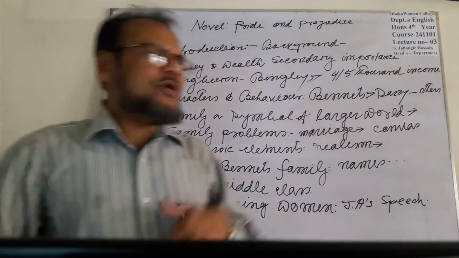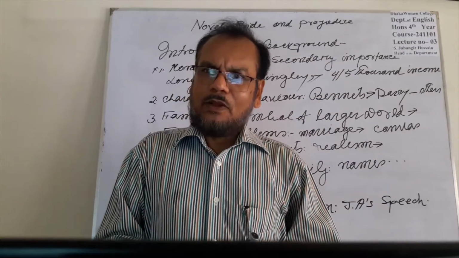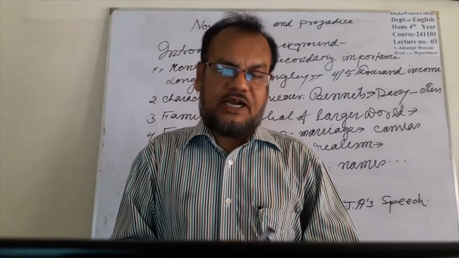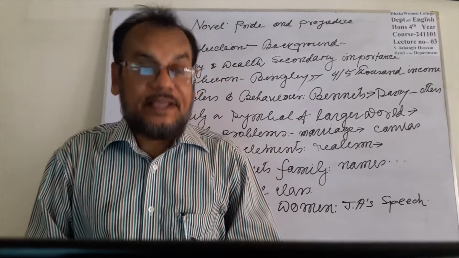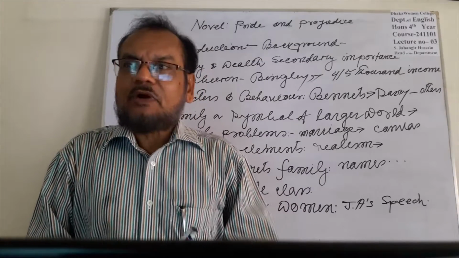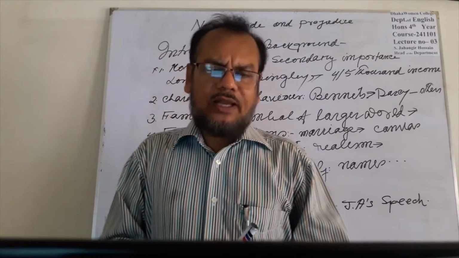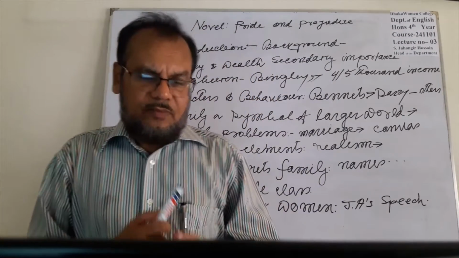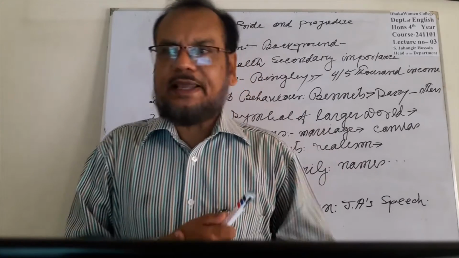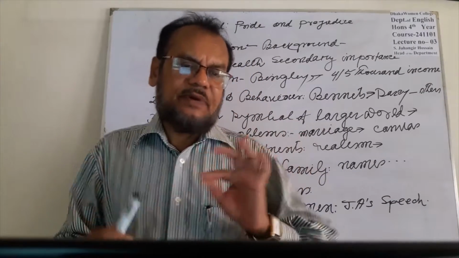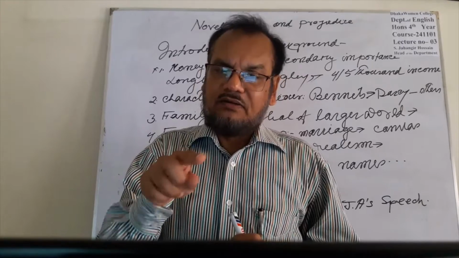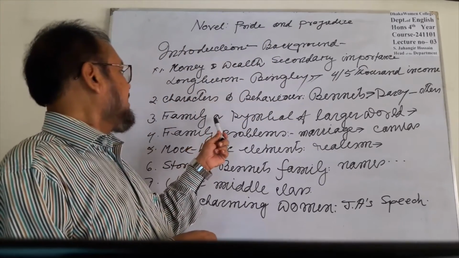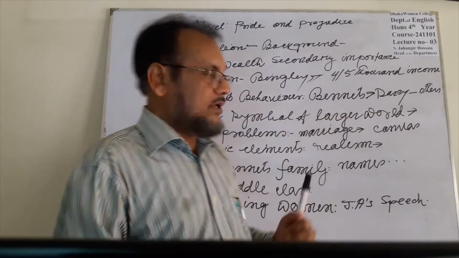Yes, to everyone, family is very important, because family is the root of all things, all developments, all progress, behavior patterns, way of talking, eating habits, everything depends on family. So here it says family is a symbol of a larger world.